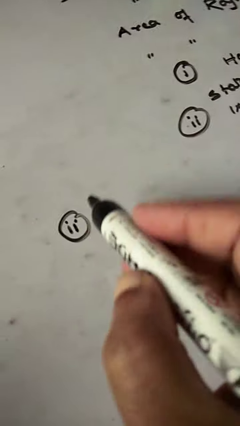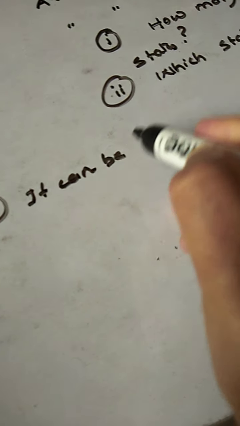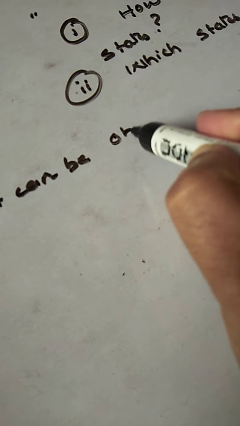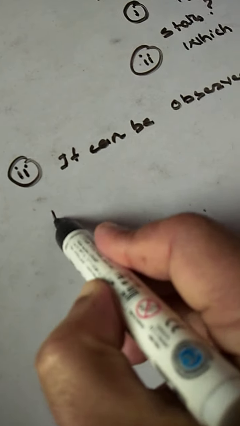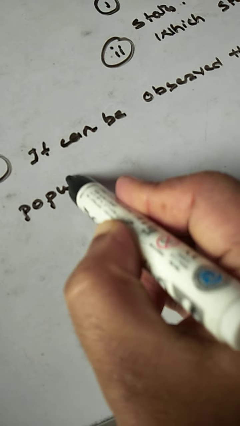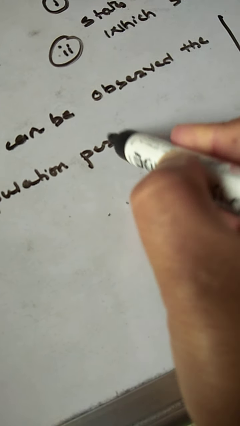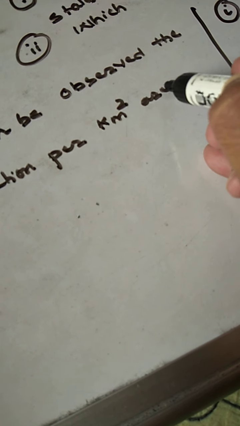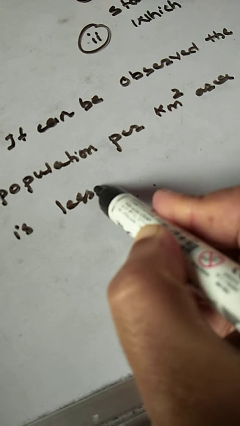Just by looking at it, you will say it can be observed the population per kilometer square area is lesser for which state?